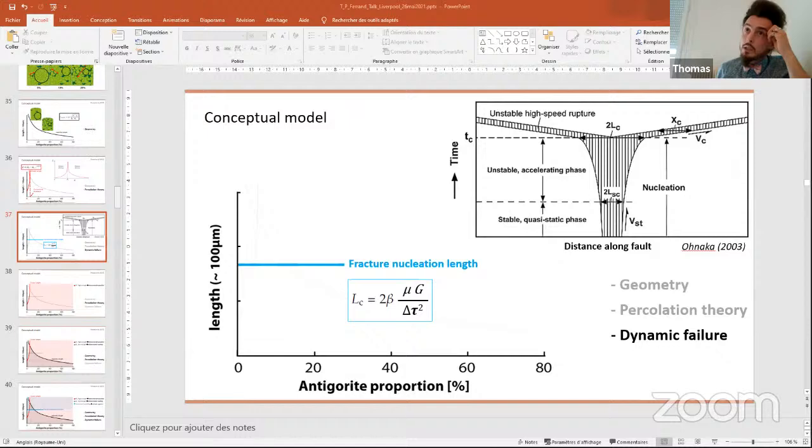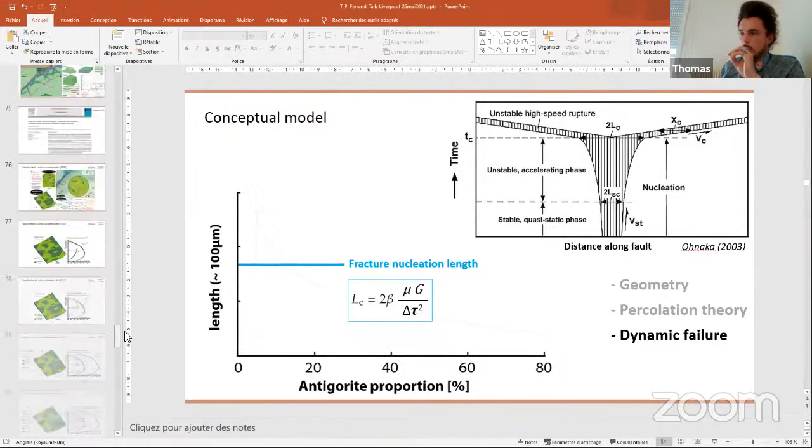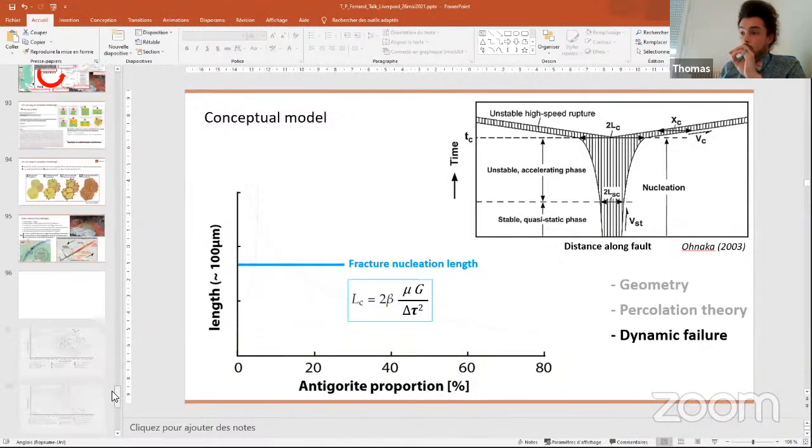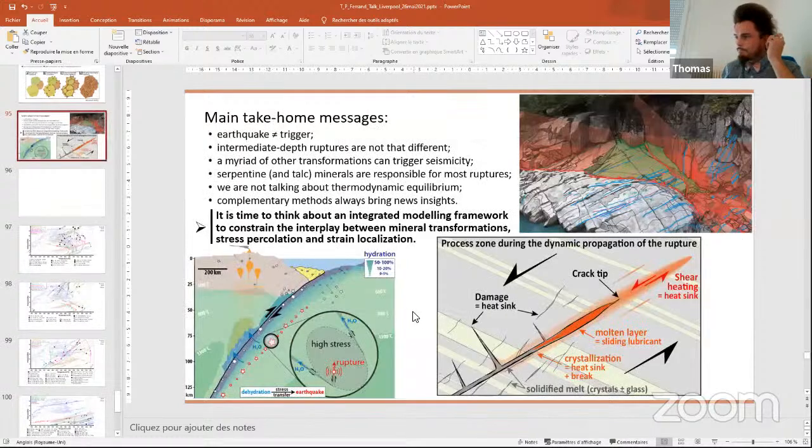But the contrary, yes, because in my understanding, this process zone that I try to understand is not a magma chamber, but it would be, to some extent, an extreme end member of a magma chamber.